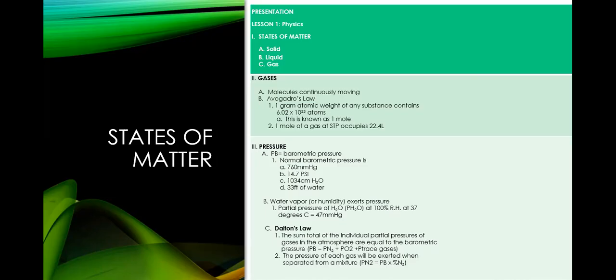This is known as 1 mole. And 1 mole of a gas at standard temperature and pressure, that's what STP means, occupies about 22.4 liters of space.